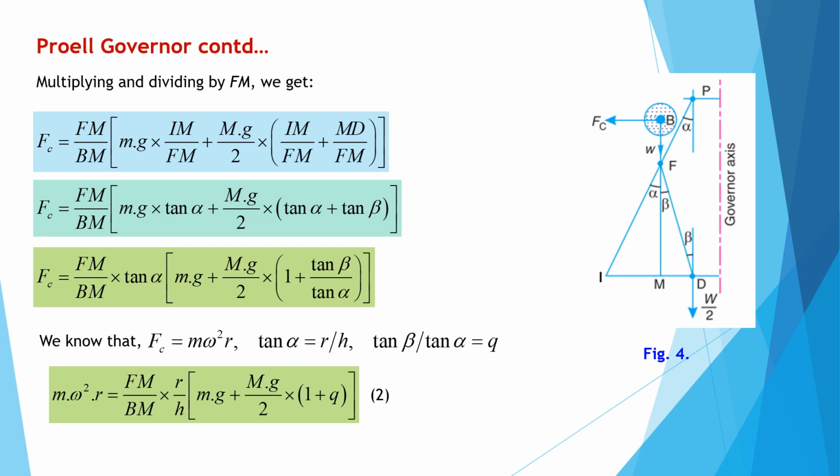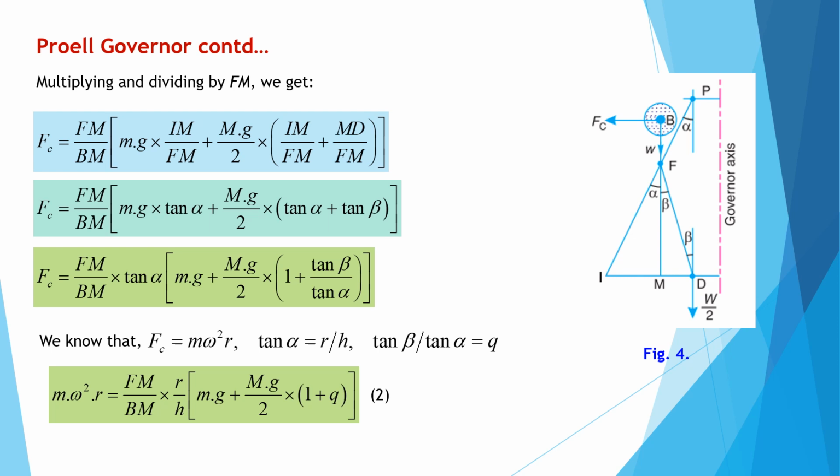By multiplying equation 1 on top and bottom, numerator and denominator, by FM, we get the centrifugal force Fc equal to FM upon BM into small mg into tan alpha plus capital Mg by 2 into tan alpha plus tan beta.